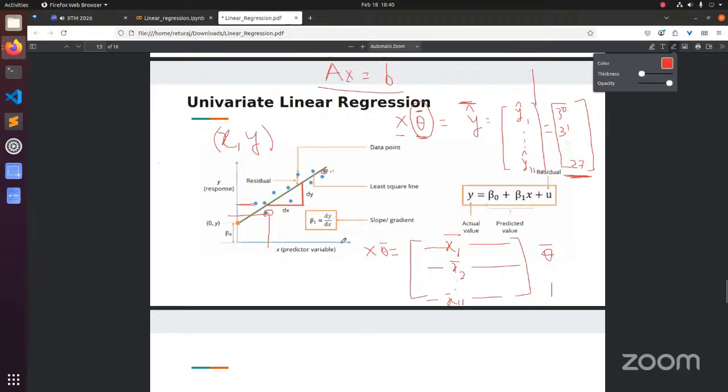The question is that if I give you some new x, which we don't know the y of, then if our model is trained, we will just put that x into theta and it will tell me what the y value is. This is unknown for unknown x, and this is known x. So for all the known x's, we want our model to predict the known y's.